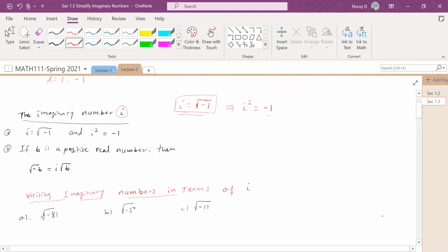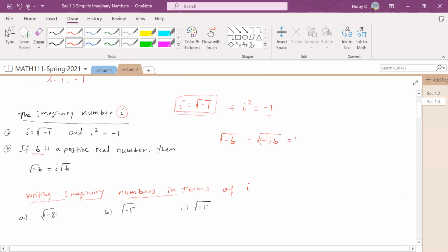And if I have a positive real number b, then the square root of -b, I can write as the square root of -1 times b inside the square root, because -1 times b means -b.